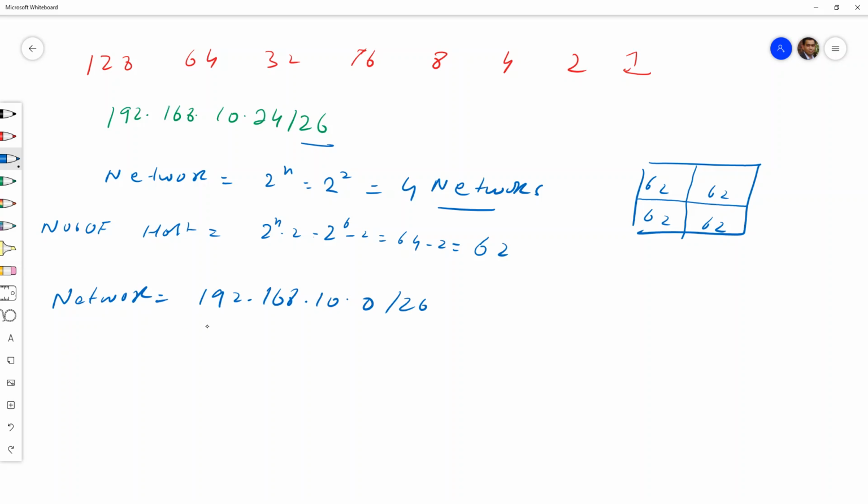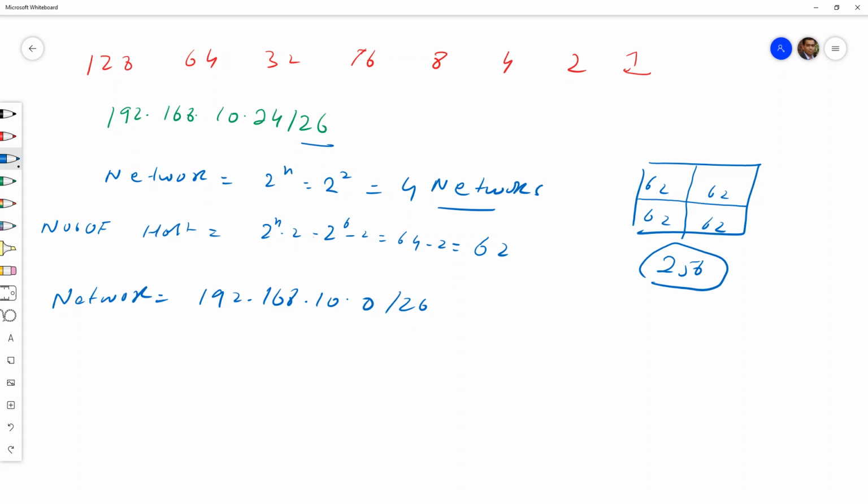Okay, look at this, it's the block. Look at the block. 64 plus 64 plus 64, 64. That total will never exceed 256. So if you divide 256 into 4 portions, it will be 64, 64, 64, 64.